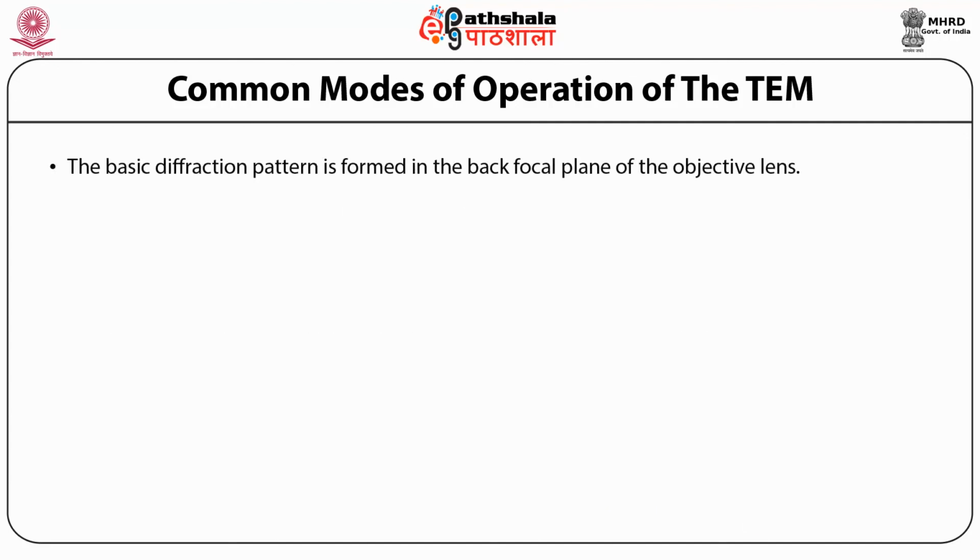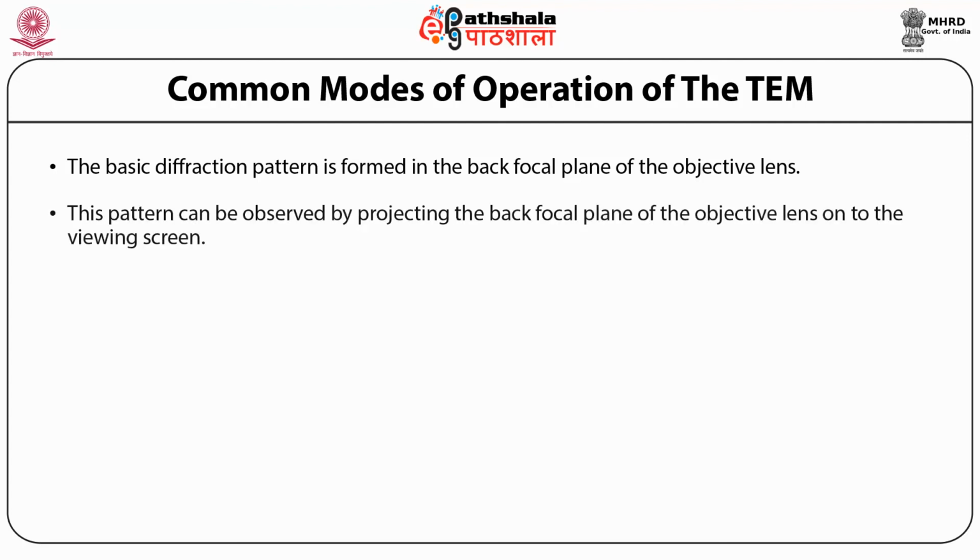The basic diffraction pattern is formed in the back focal plane of the objective lens. This pattern can be observed by projecting the back focal plane of the objective lens onto the viewing screen.